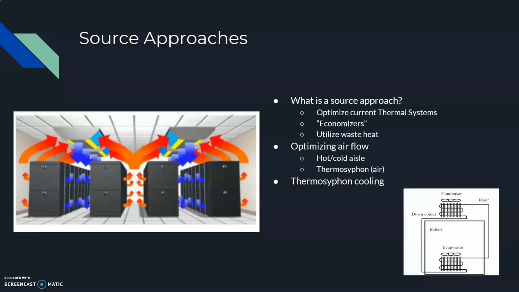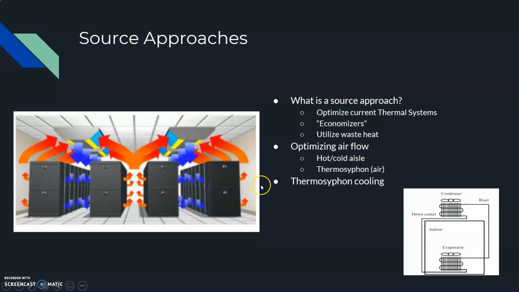In this case, like I was talking about air-based systems or environmental approaches, you can often use them to remove a good chunk of your heat, and that's enough to actually have a very sizable increase in your efficiency, and therefore make it more economic, hence the term economizers. Now, these are actually really useful. And one of the other best source approaches you can use is utilizing waste heat, in this case to generate electricity or work, or you can take that heat and put it somewhere else where it's useful, like heating a building.